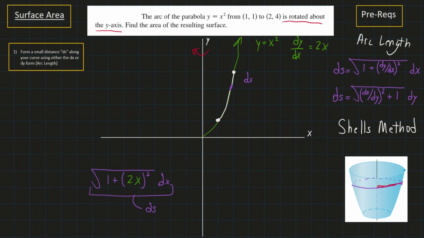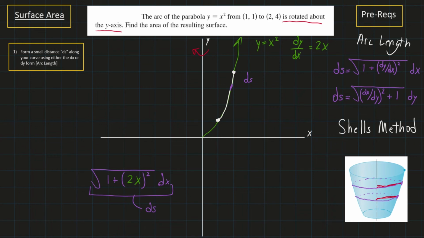It would make a hoop. Imagine taking this small distance, swinging it around that y-axis, and that would create a hoop too. And imagine that we kept doing this and we would get all these hoops. By adding up all these hoops, we would get the total surface area of this shape here.